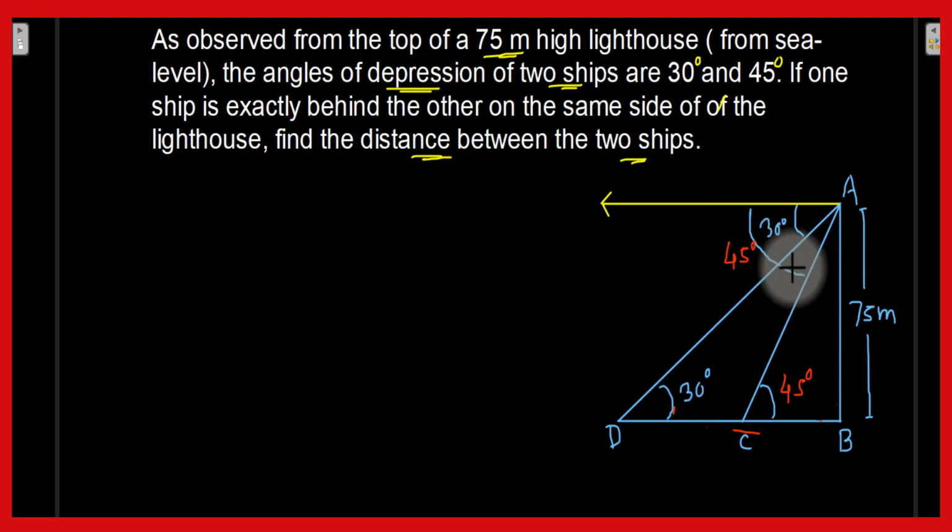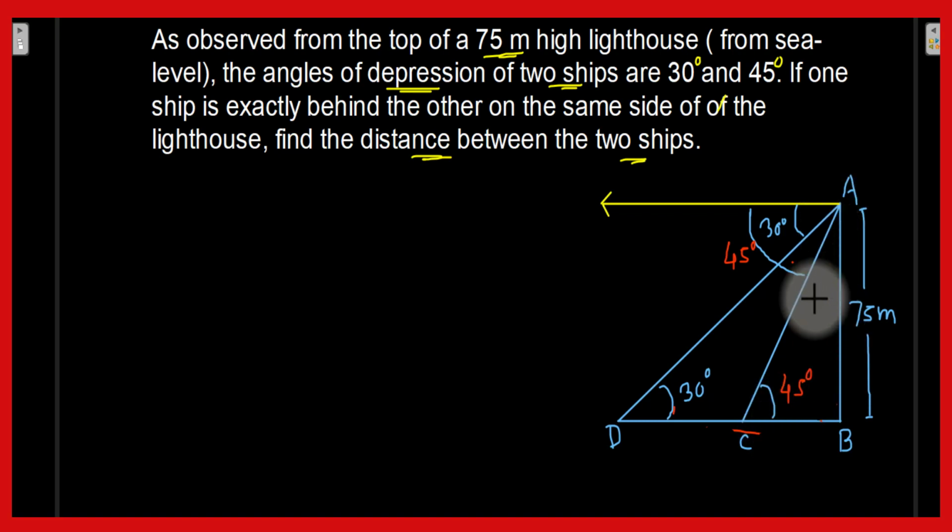Similarly here, this angle is 45 degree, and this is the straight eyesight and this is the sea level. These two are parallel to each other, so AC will be a transversal, and therefore these two angles will be alternate interior angles. So this is 45 degree, so this will also be 45 degree. So this much is given to us.